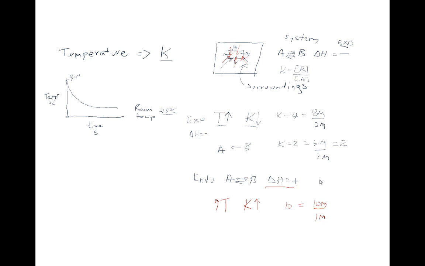So we see the reaction go in the forward direction. A goes to B, and it absorbs this extra heat that's coming in, by the rise in temperature of the surroundings. The heat will flow from the higher temperature to lower temperature. It flows into the system, and that favors the reaction going in a forward direction for an endothermic process.